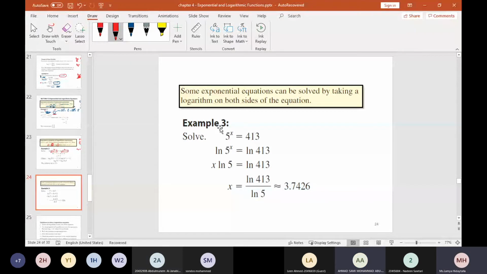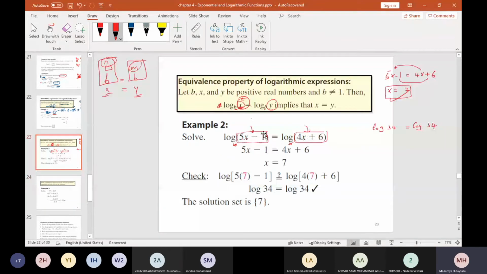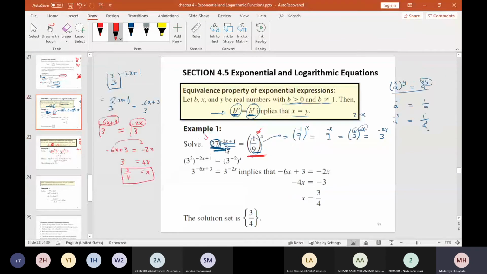Now, if we want to solve, that means we want to find the value of the unknown. Previously, to solve meant we want the value of x that makes this equation correct, so that the left hand side equals the right hand side.